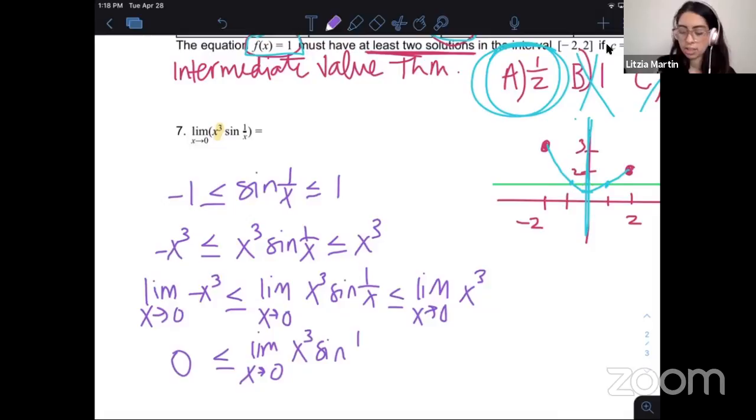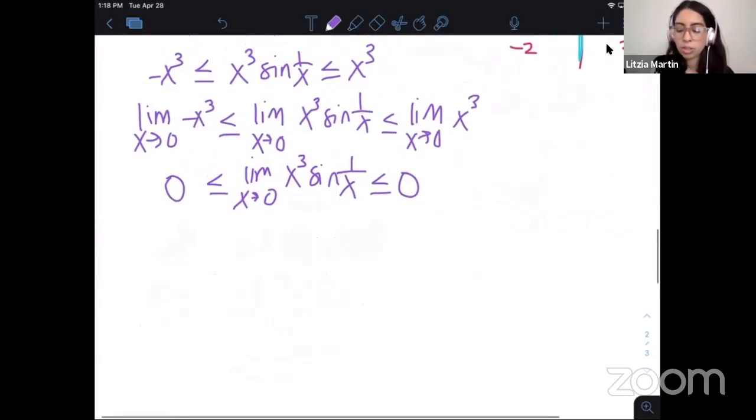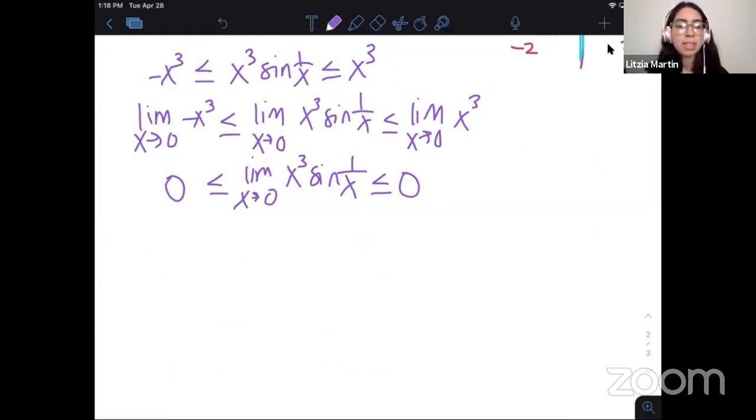And on the right side, if I do direct substitution for that limit problem, I get 0. So now the limit as x goes to 0 of x cubed times sine of 1 over x has to be in between 0 and 0. So it's squeezed between 0 and 0.